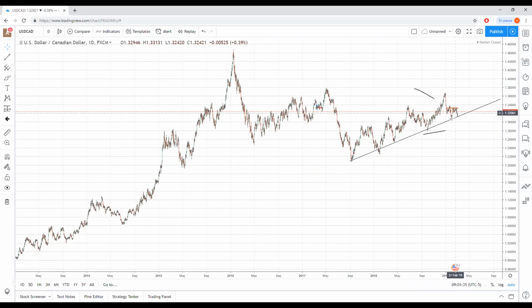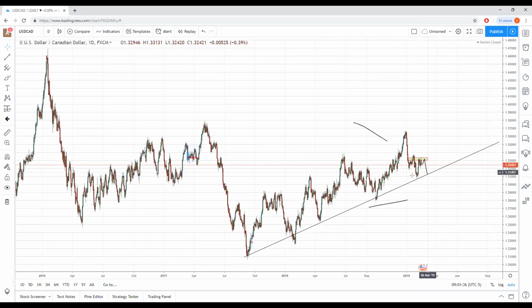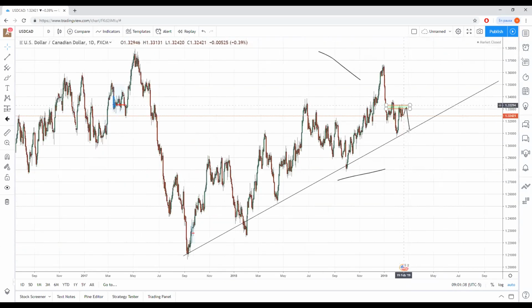So if you enter this intraday trade idea that I just mentioned, you can take some profits at this trend line, because this is a probability area that the buyers are going to defend.